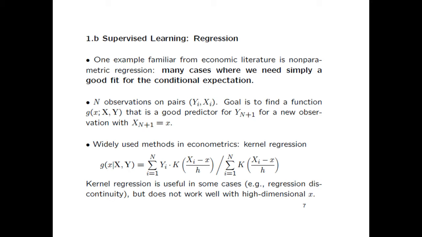For predictive problems, from just a single realization, we can get an unbiased estimate of the conditional expectation. So suppose we have data on a pair of values y and x. We're interested in predicting y given x. So the best predictor is just the conditional expectation of y given x. But for any value of x that we observe, we actually get an unbiased estimate of that object, namely the outcome for that particular unit. And that's not the same for causal effects.